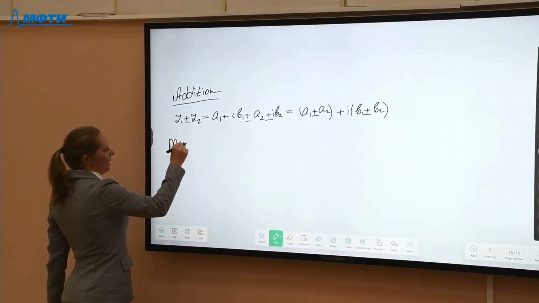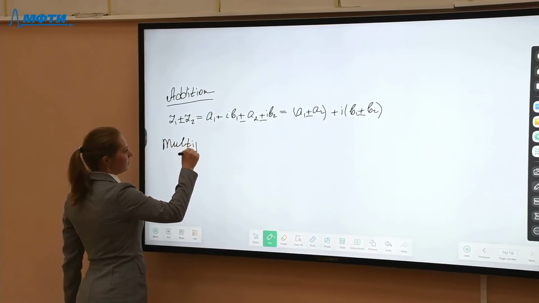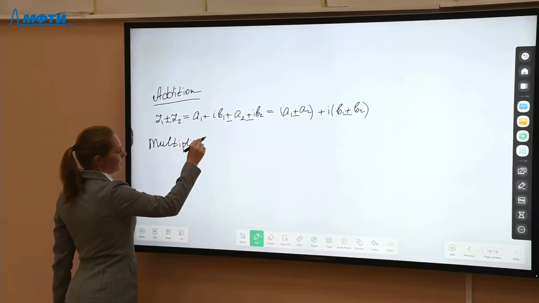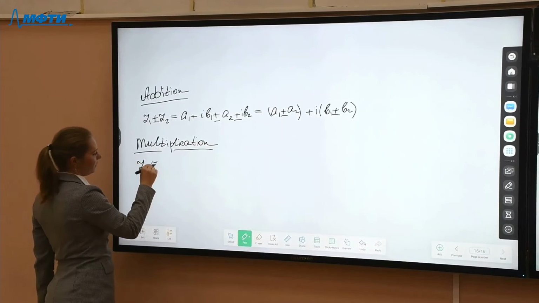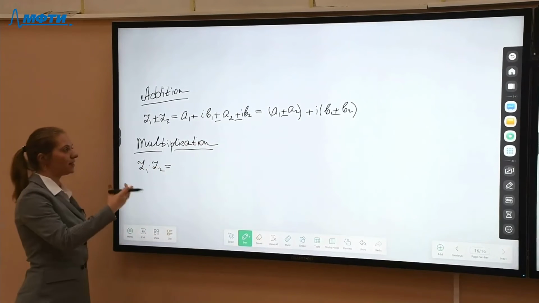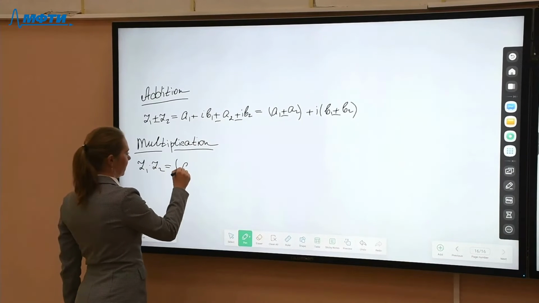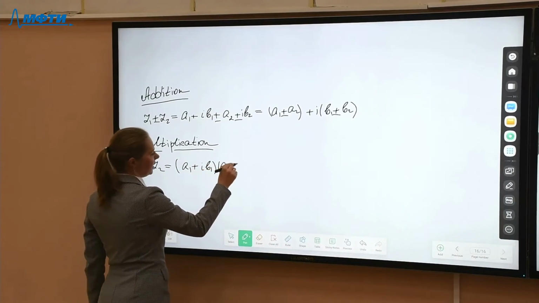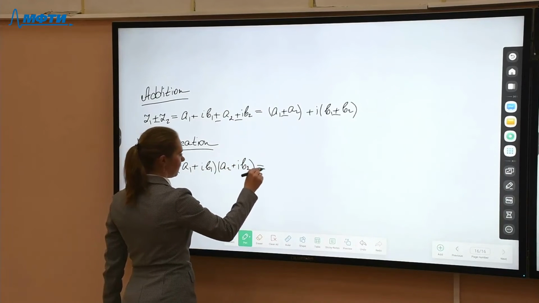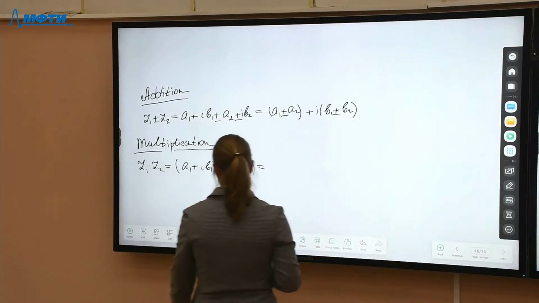When multiplying z1 by z2, again, we need to consider them as two polynomials: a1 plus i b1, a2 plus i b2. Well, let's multiply.